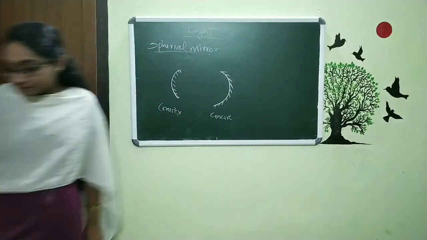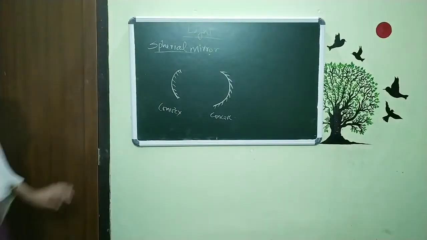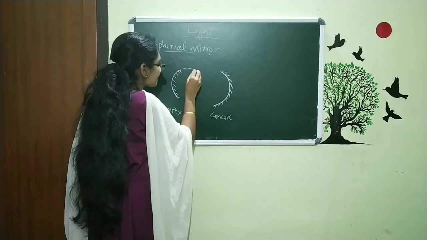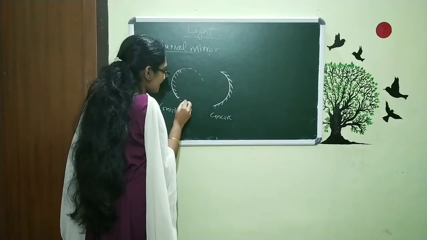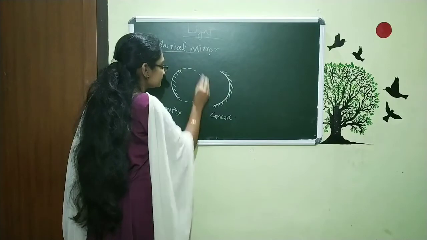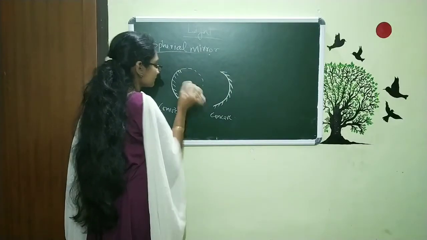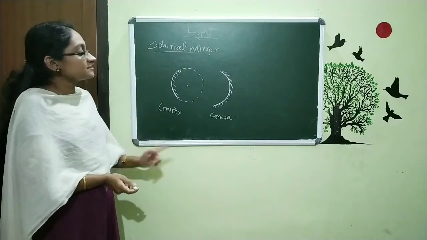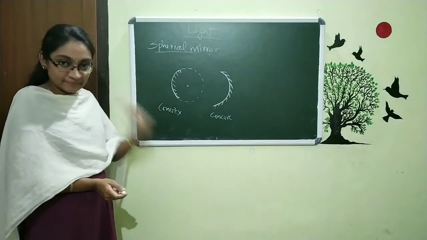That's the only thing. And also I can show you this. When I am extending this, what can you see? This is a sphere, and that's why we are calling it a spherical mirror.